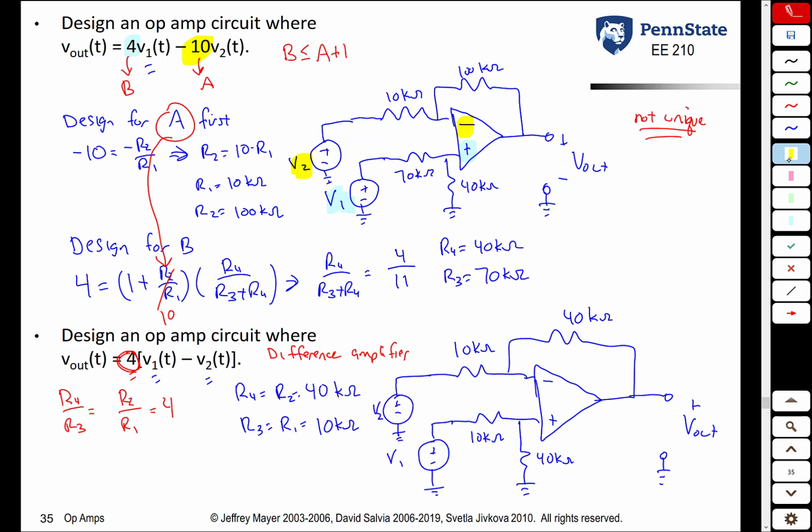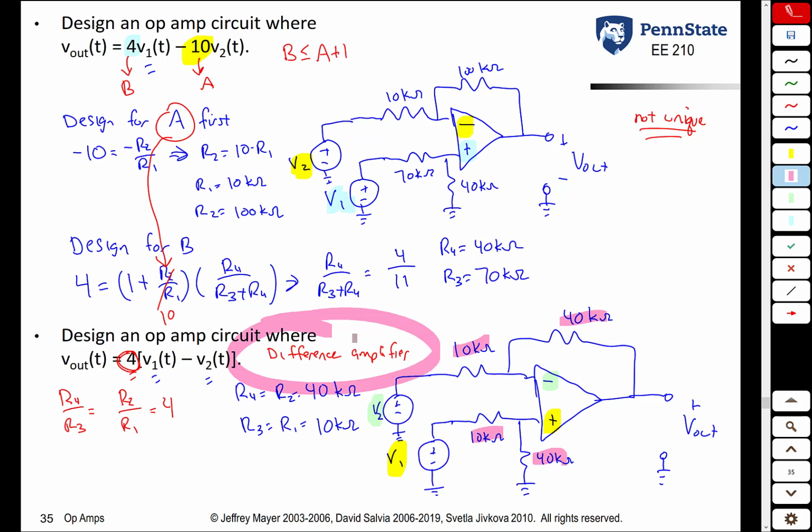Once again, the input that you don't want subtracted is connected to the non-inverting terminal through resistors. The input that you do want to get subtracted is connected to the inverting terminal through resistors. And once again, by making this ratio the same as that ratio, we get a difference amplifier.